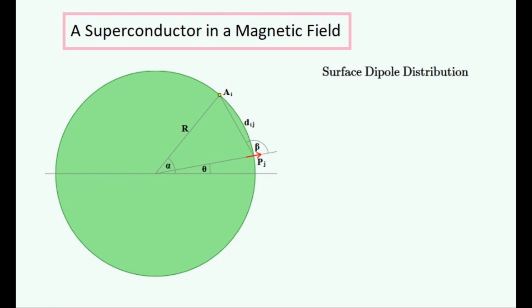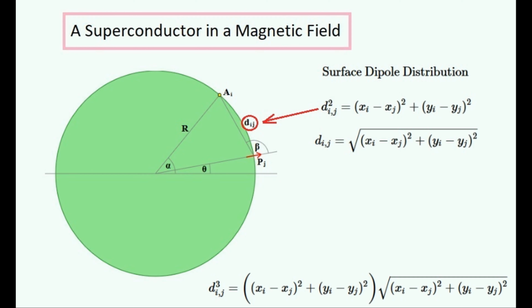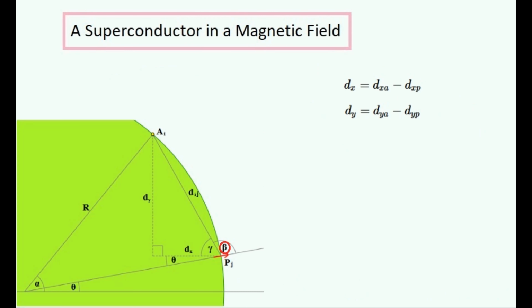Point A will be our observation point, and P will be our point dipole. We'll calculate the magnetic field at A due to P. We'll firstly calculate the distance between these 2 points, and d cubed will be the quantity that we'll use most often.